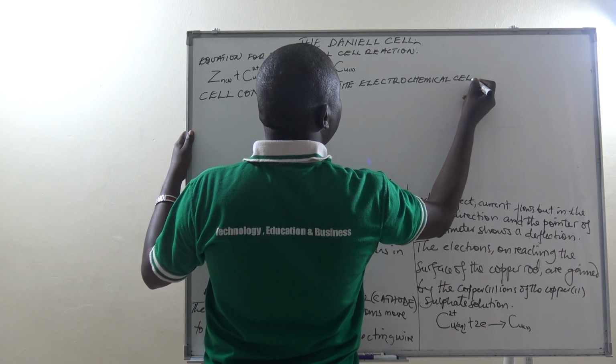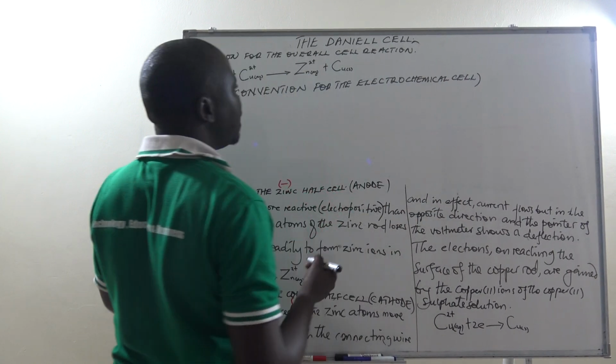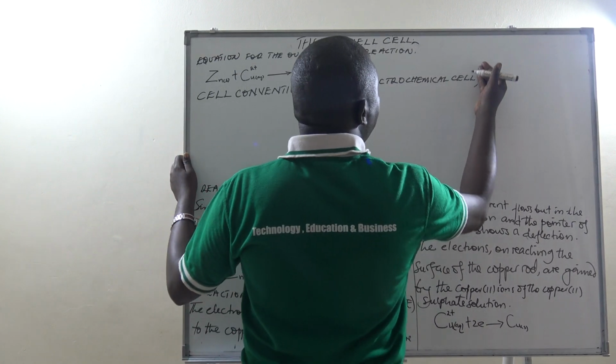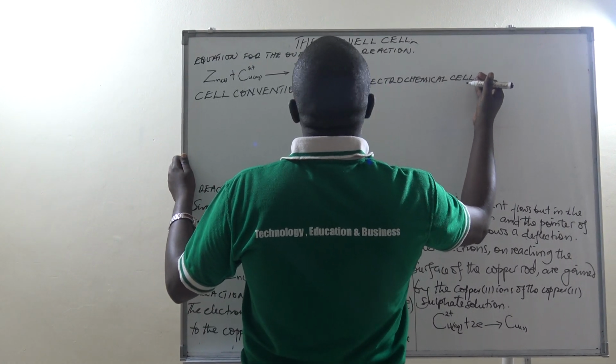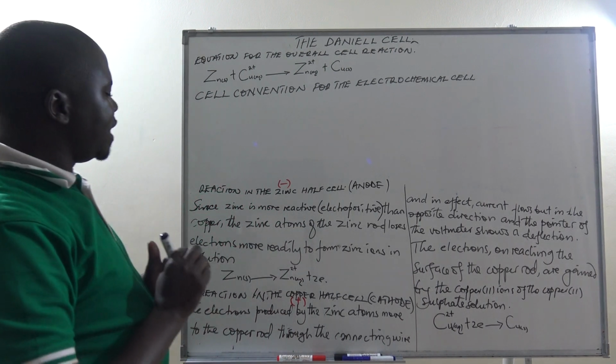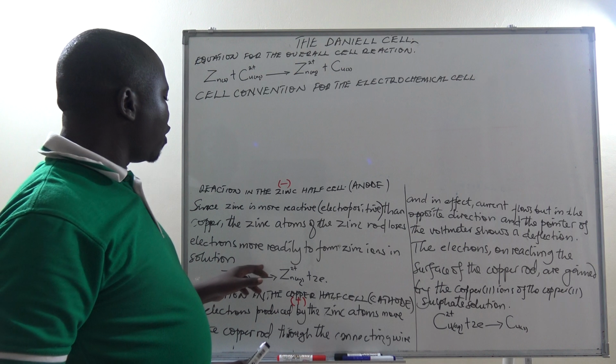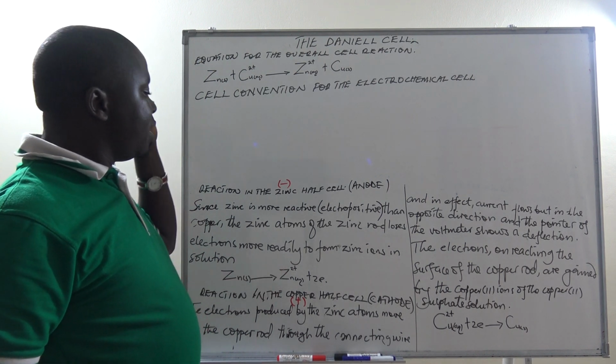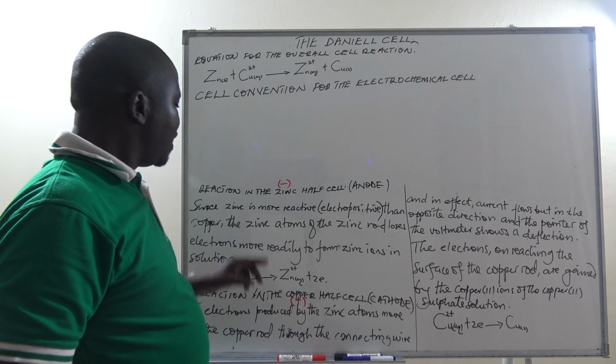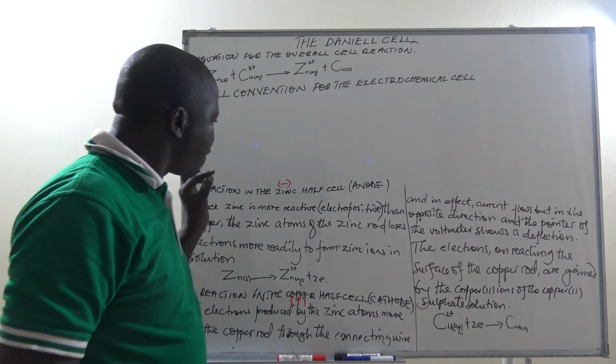The cell convention, which sometimes we call the cell notation for the electrochemical cell. So in the cell convention, when we are writing it, we shall be showing what has taken place in each half cell, starting with what took place first.